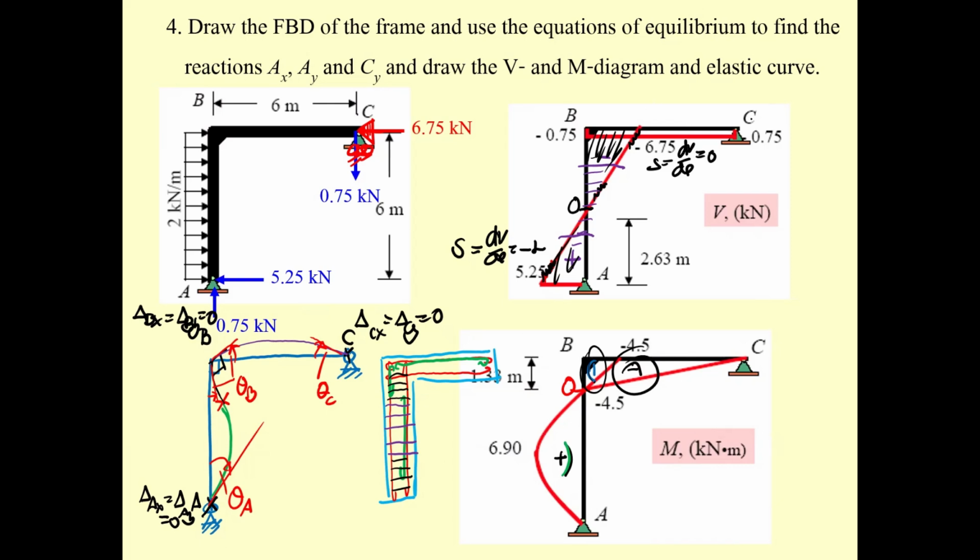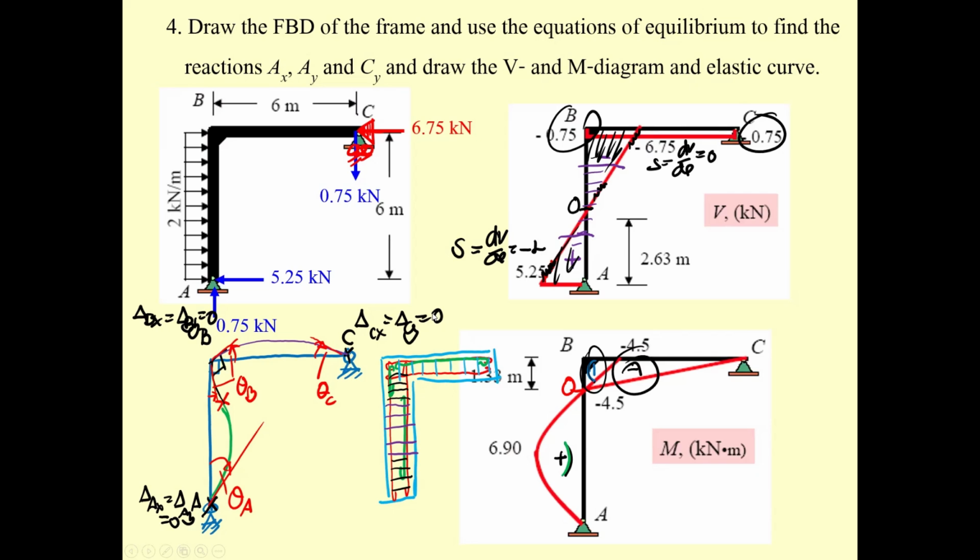However, this shear is very small, so most of the time the spacing of the shear stirrups over here should equal the maximum spacing specified in the design. Okay, and that's what we should have.